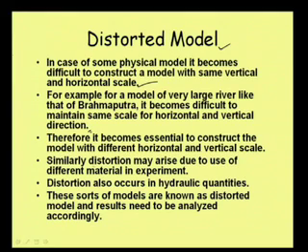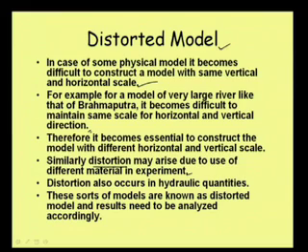Similarly, distortion may arise due to the use of different material in the experiment. Say in an experiment on scouring, suppose our bed material is boulder and we are reducing the size.